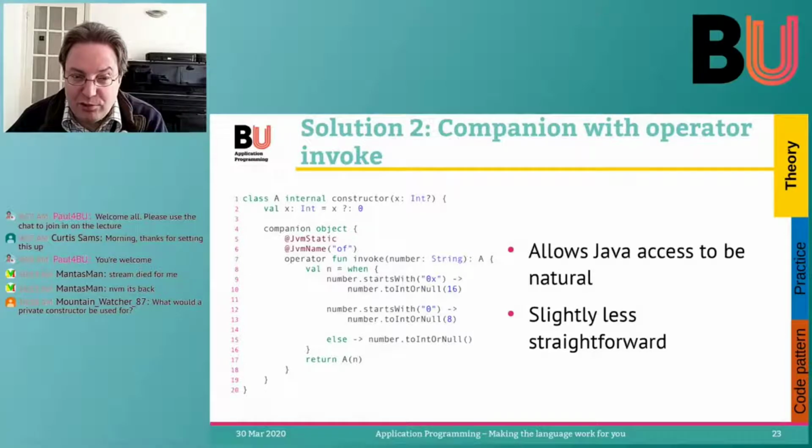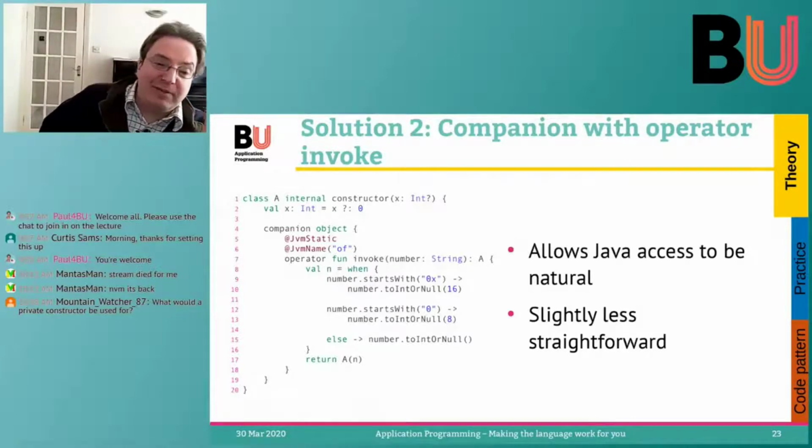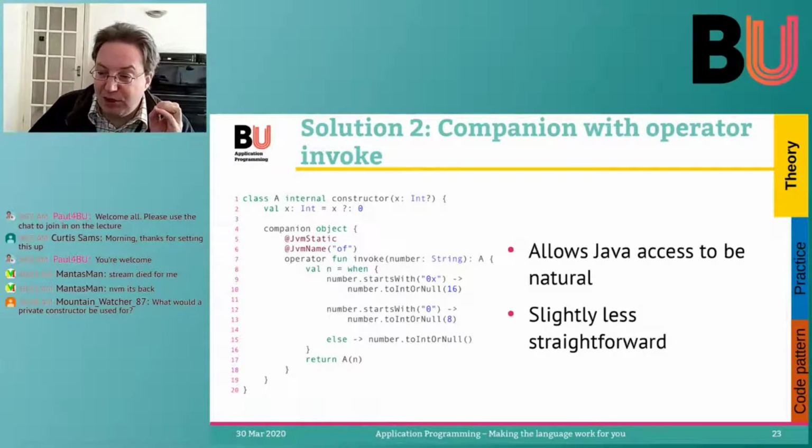So how you use a companion is basically the same. In this case, the constructor could have been private, so there's an advantage of doing this. And here we see also that we use the JVM static and the JVM name annotations. JVM static makes this available as a method on the A class from Java. And then we have the JVM name where we call this function not invoke in Java, but we call it of.